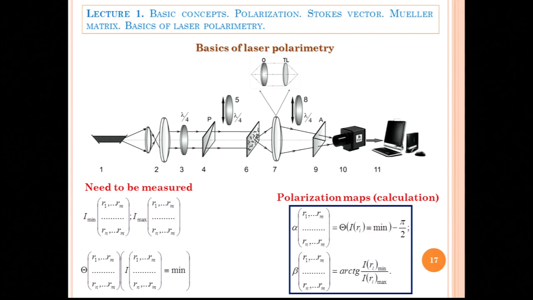So, briefly on the basics of laser polarimetry. Every polarization microscope allows us to investigate, for example, crystalline objects. But not every one gives us the possibility to measure all the Stokes vector elements in order to calculate the Müller matrix.